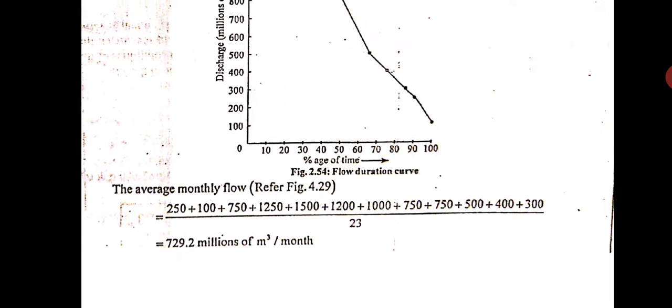Now to find out the mean monthly flow. The 12 months flow is given. So 250 plus 100 plus 750 plus 1250 plus 1500 plus 1200 plus 1000 plus 750 plus 750 plus 500 plus 400 plus 300, divided by 12. Sorry, the denominator has to be 12, not 23, because it is 12 months.